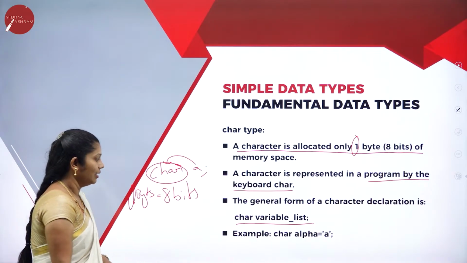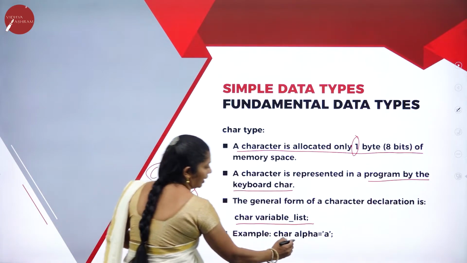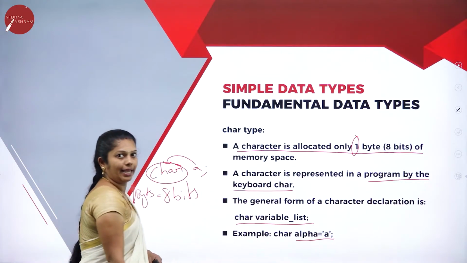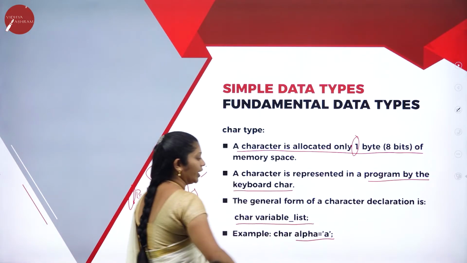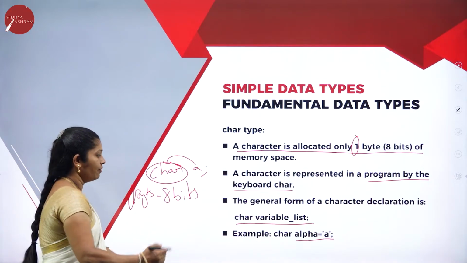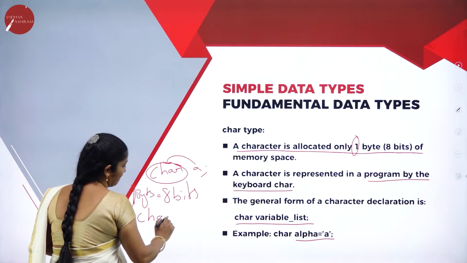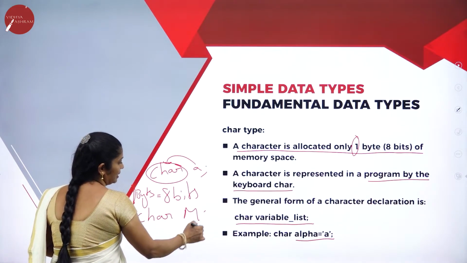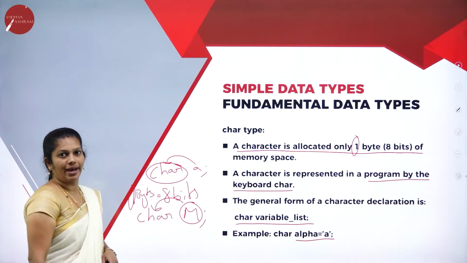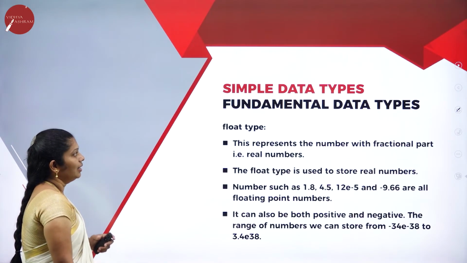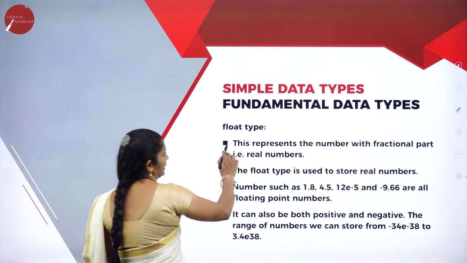For example, char alpha equals A. Here we are initializing the value A for the variable alpha. If I want, I can write char M. It means that M is a variable of type character. Now is it clear? Next, we'll move on to the float type.